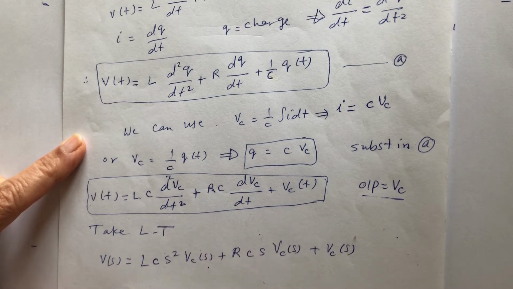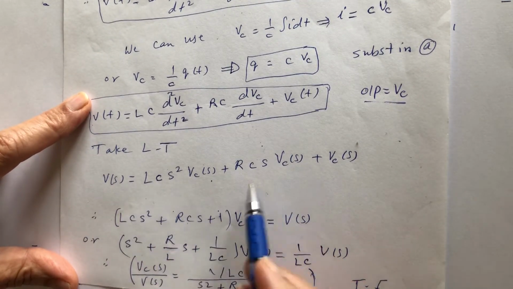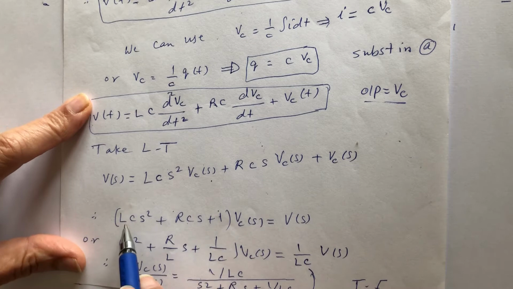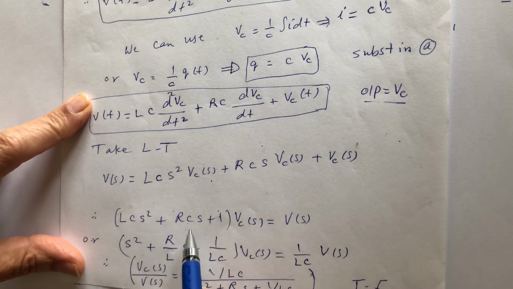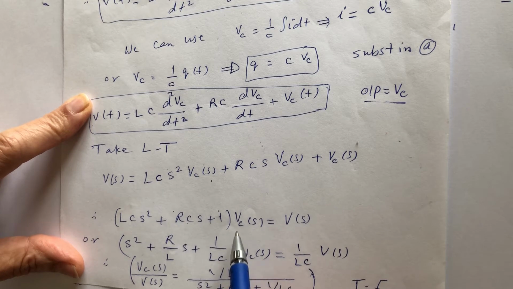Now take the Laplace transform. We say V of s equals LC s square Vc plus RC s Vc plus Vc of s, or take Vc out of all this, and we get LC s square plus RC s plus 1 times Vc of s equals V of s.